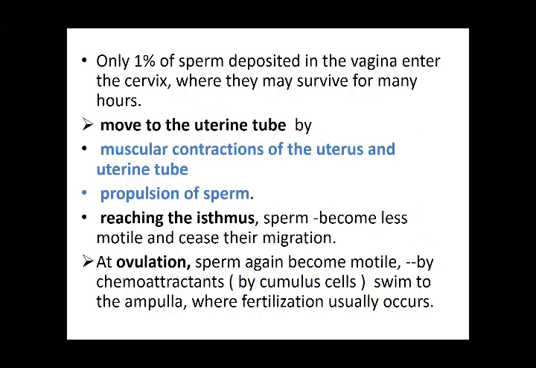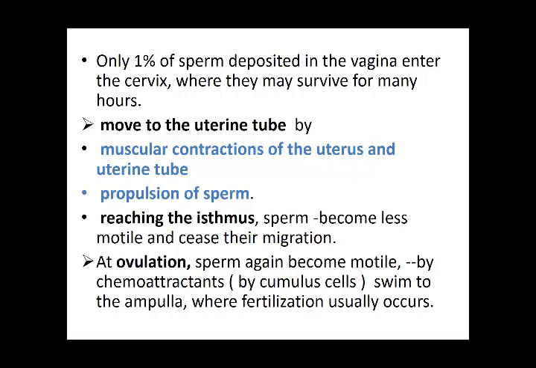It is said only 1% of the sperm deposited in the vagina enter the cervix, where they may survive for many hours. They move to the uterine tube by muscular contraction and propulsion of the sperm, that is their motility. Reaching the isthmus, sperm become less motile and cease their migration. At ovulation, again they become motile, and by these cumulus cells they swim to the ampulla, where fertilization is going to occur.